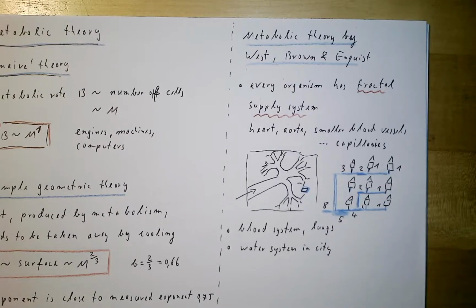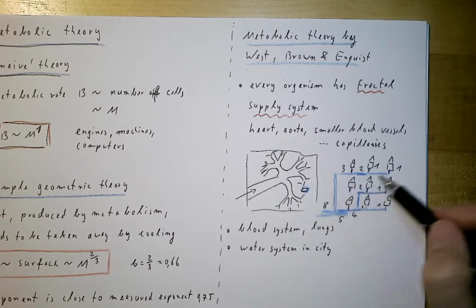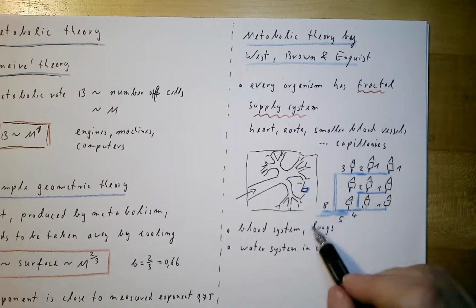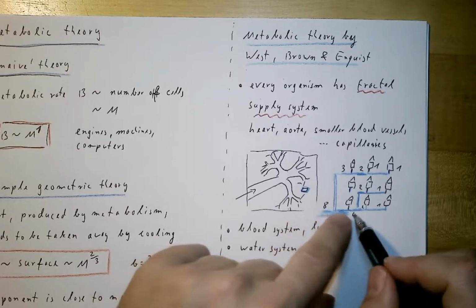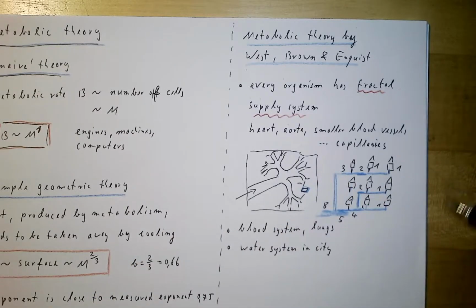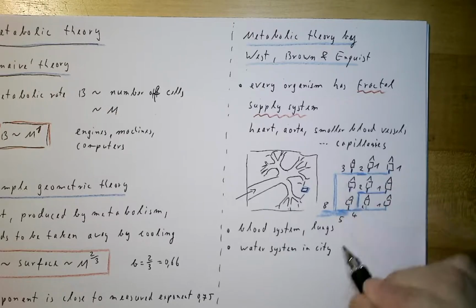So also now, if you want to make a pipe system where you pump water in the city and you need to go to every house, you need also something like a fractal system where you have a big pipe which is then branching in smaller pipes, and then you have to take care in all the geometry that you have enough water in every small household where the water comes.